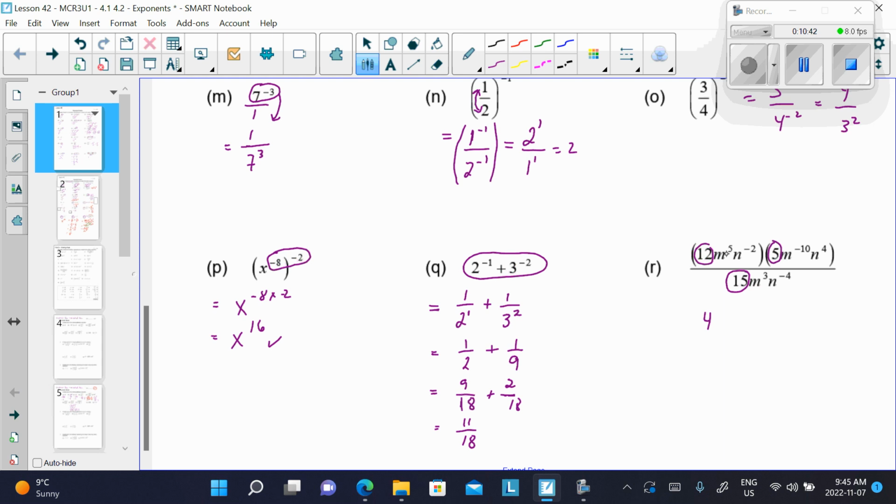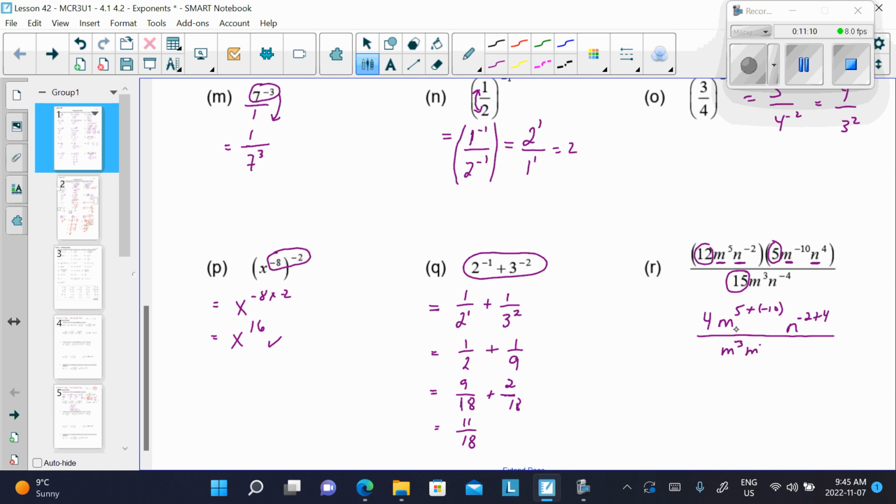And then you could use the multiplication rule where you add the exponents. So we have an m to the 5, m to the negative 10. So we're going to add the exponents. And then for the n's, negative 2 and 4. And then I'm just going to rewrite the bottom the way it is. The 15 is gone because we already took care of the coefficients.